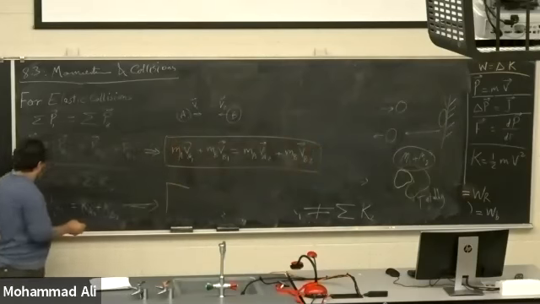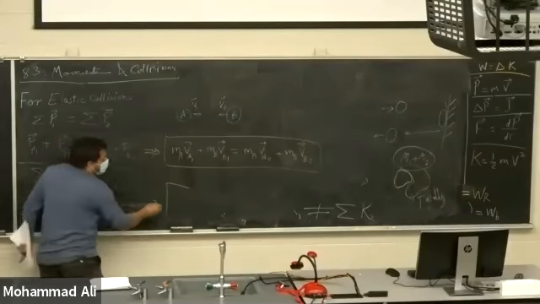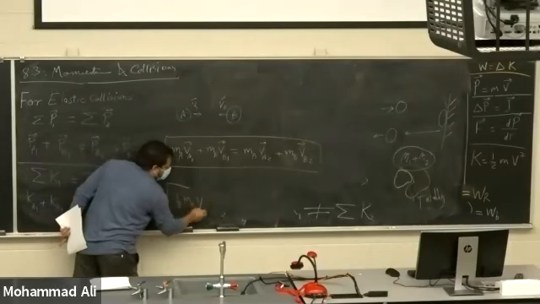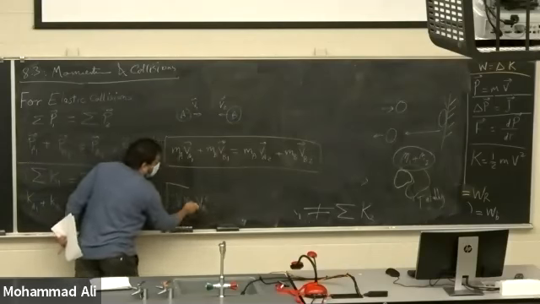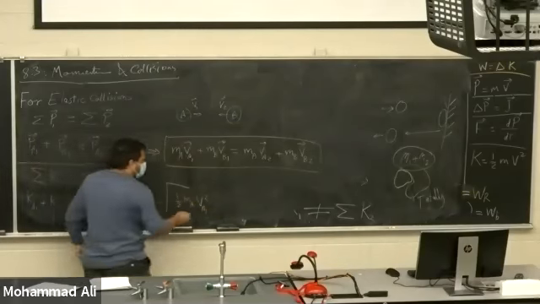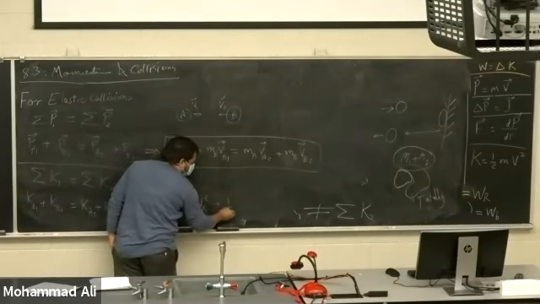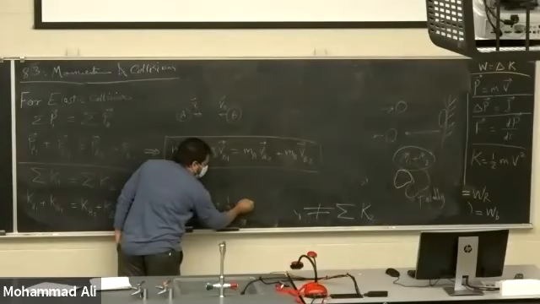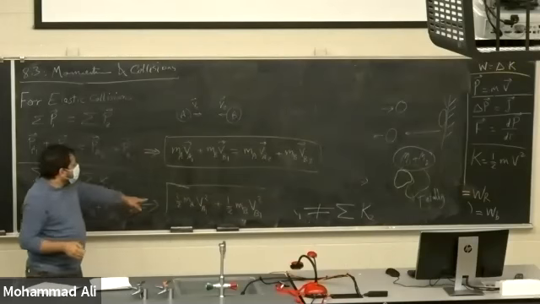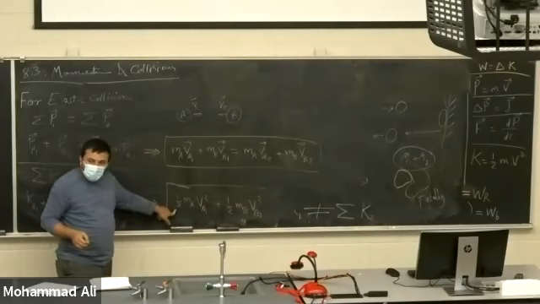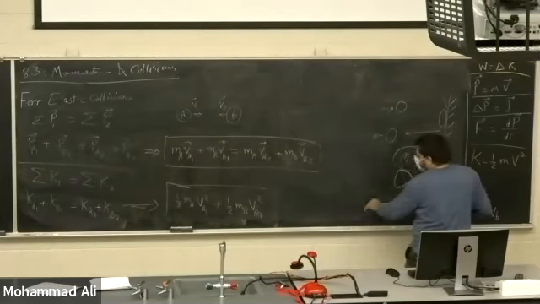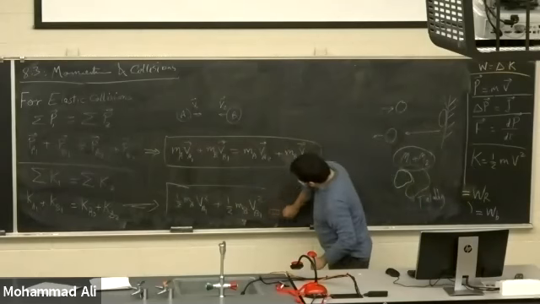It is the kinetic energy for the first object. It is 1/2 MA VA1 squared. This is the kinetic energy relation, but for the object A and before the collision. Plus this is the kinetic energy for the first object before the interaction, and this is the kinetic energy for the second object before the collision, which is equal to the kinetic energy later.